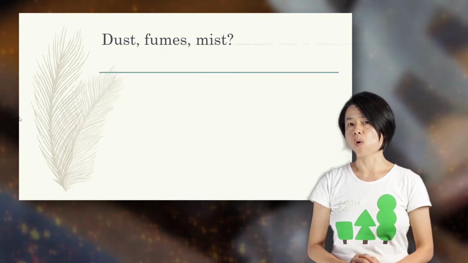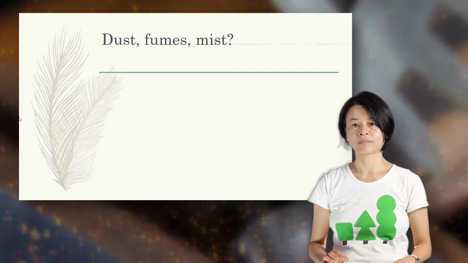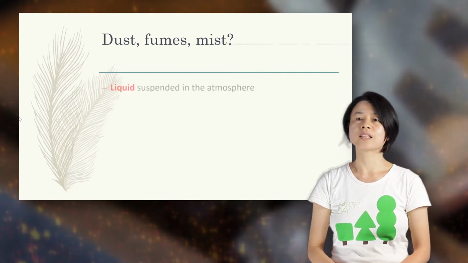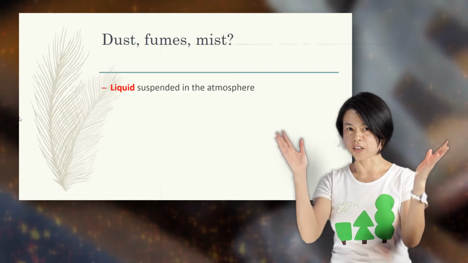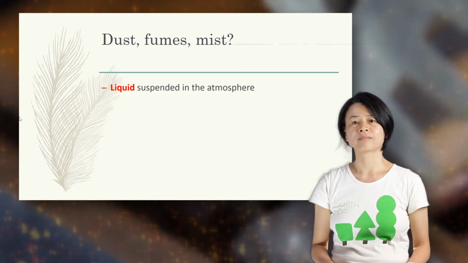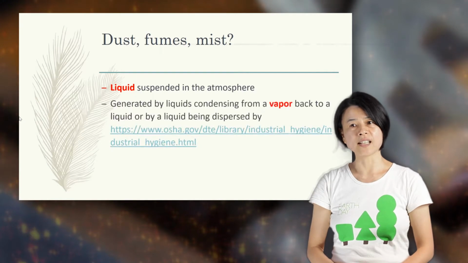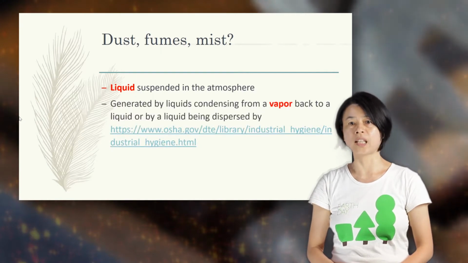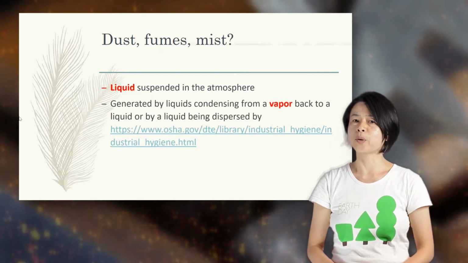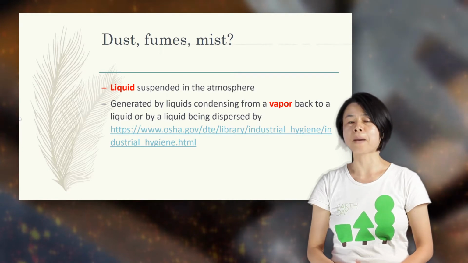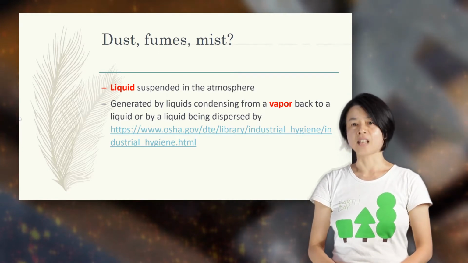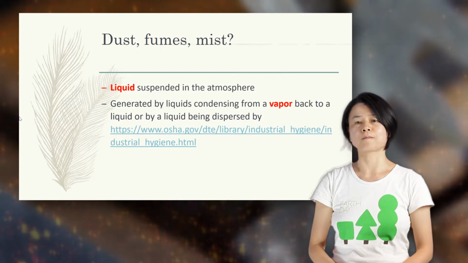Definition for the third word. 1. Liquid, suspended in the atmosphere. 2. Generated by liquid condensing from a vapor back to a liquid or by a liquid being dispersed by splashing. Is it dust, fumes, or mist?